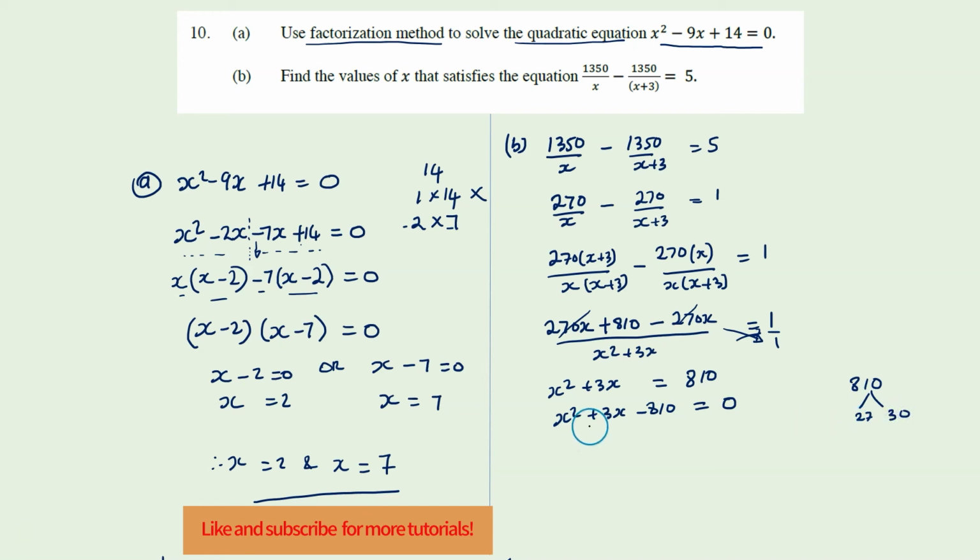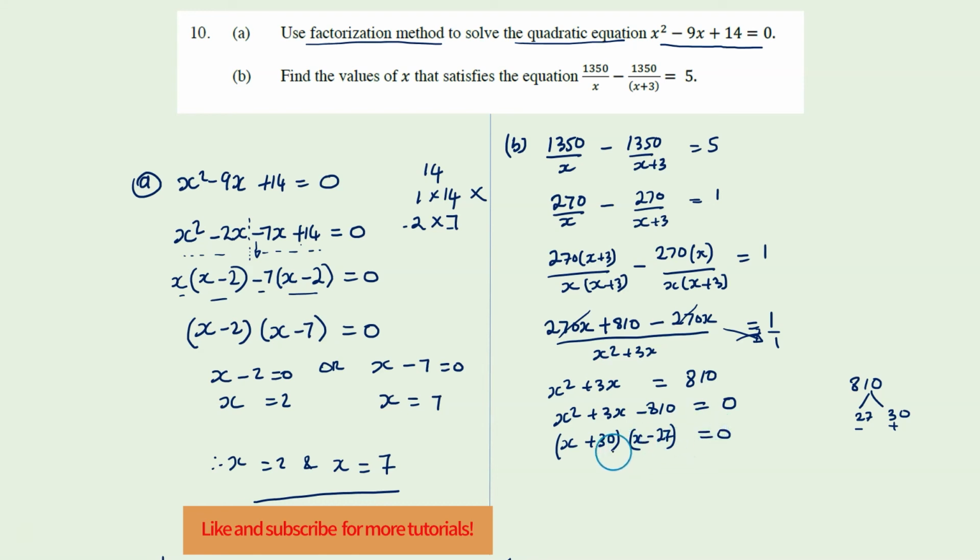All right, so I need to end with positive 3, and I've got a minus in here, so one of them must be a minus. So I need to make that one plus and this one a negative number. So I have my two brackets then. I have my x there, that needs to be positive, so plus 30, and that needs to be negative 27.